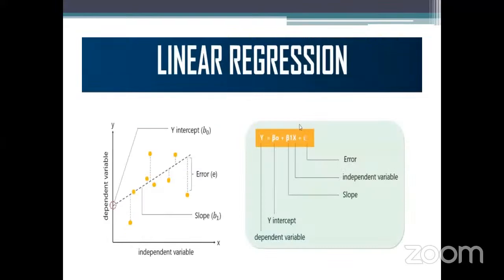Let's understand this equation properly, because this is one important algorithm. So y, first you can take it out. Y basically stands for your dependent variable that you are going to predict. B naught or beta naught is the y-intercept.